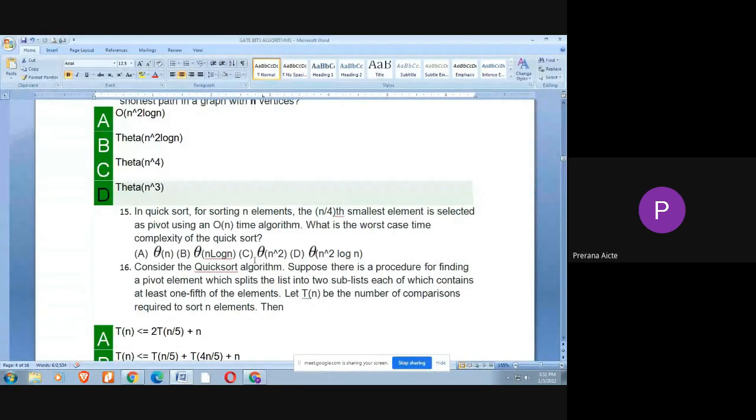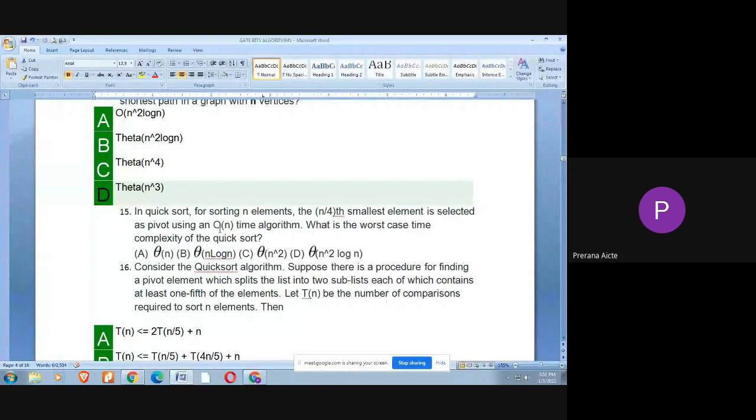In Heap Sort, for sorting n elements, the n by 4th smallest element is selected as pivot using an order of n time. What is the worst case time complexity of the Heap Sort? So here we are selecting the pivot element with order of n time, and the pivot element is the n by 4th smallest element.